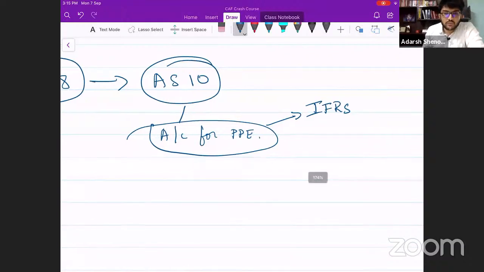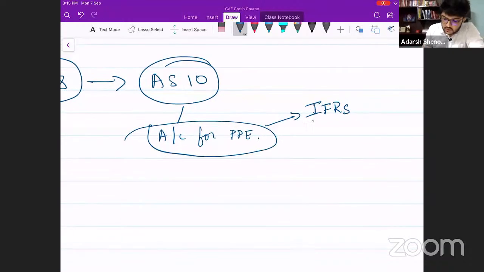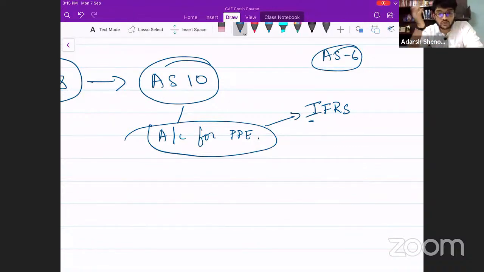Now, before, we used to follow AS 6, and AS 6 used to say if there is a change in method of depreciation, you have to do it retrospectively. In India, we follow this principle of retrospective very seriously.